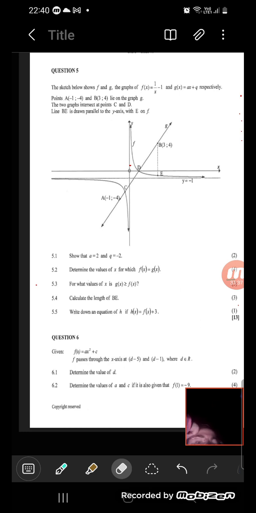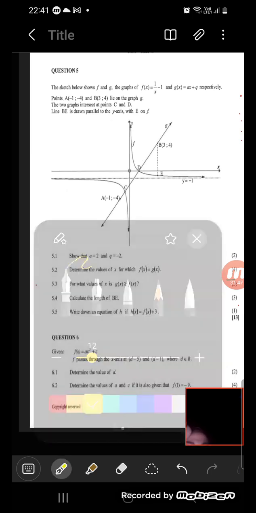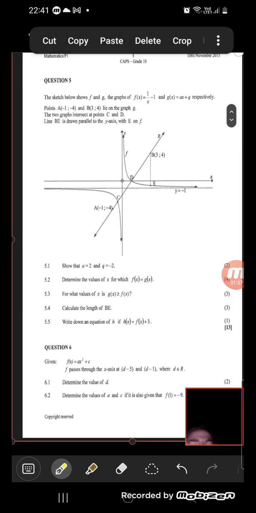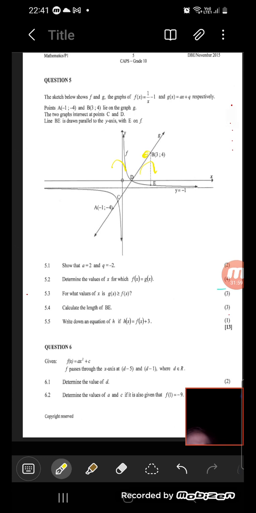Calculate the length of BE. Now, if they tell you that it's parallel to the y-axis, if it's parallel, that means that this x point is going to be the same as this x point. Very importantly, this x point is going to be the same as this x point.